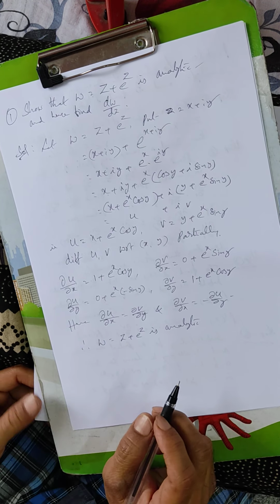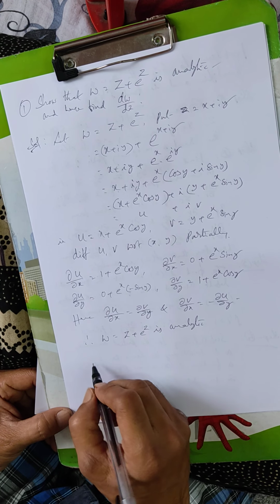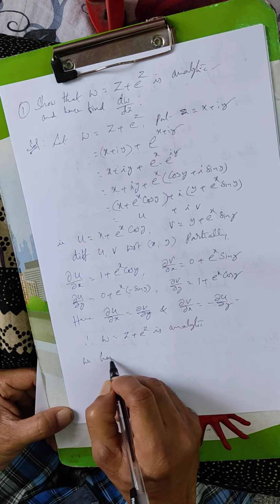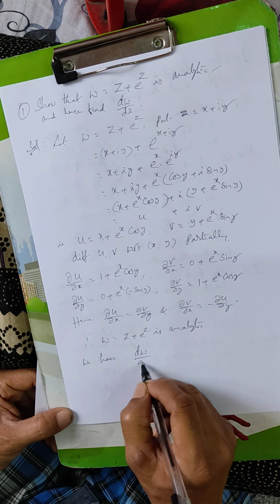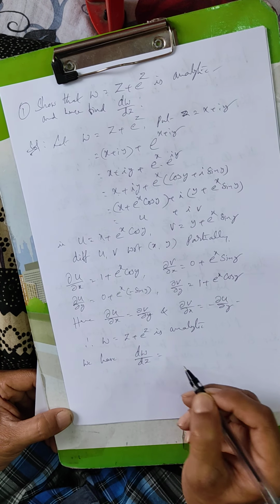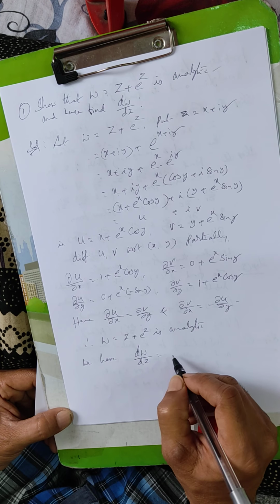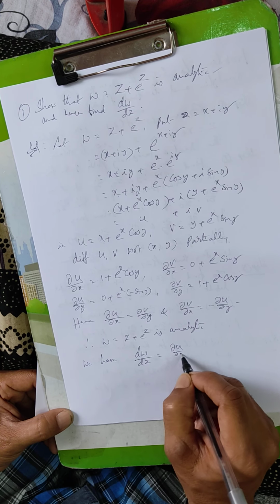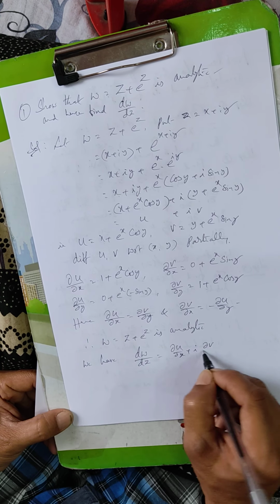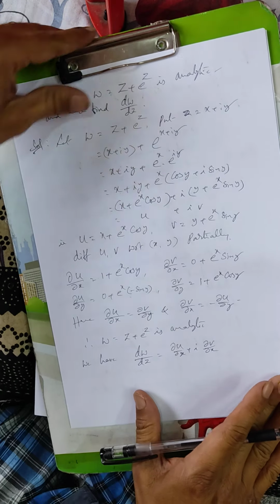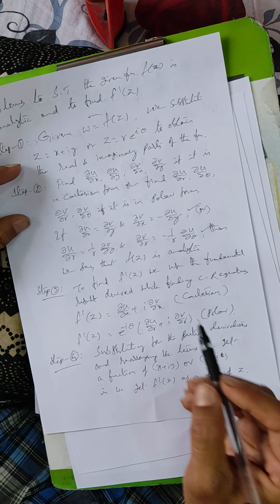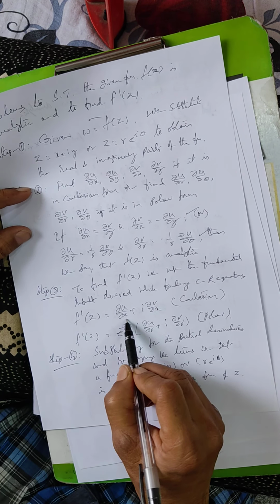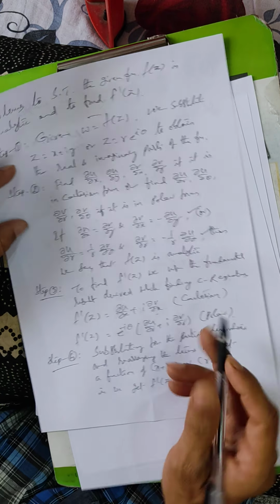Now let us find its derivative. So we have the result f dash of z, or dw by dz, is equal to dou u by dou x plus i dou v by dou x. In the fundamental result, you have written f dash of z is equal to dou u by dou x plus i dou v by dou x for Cartesian.